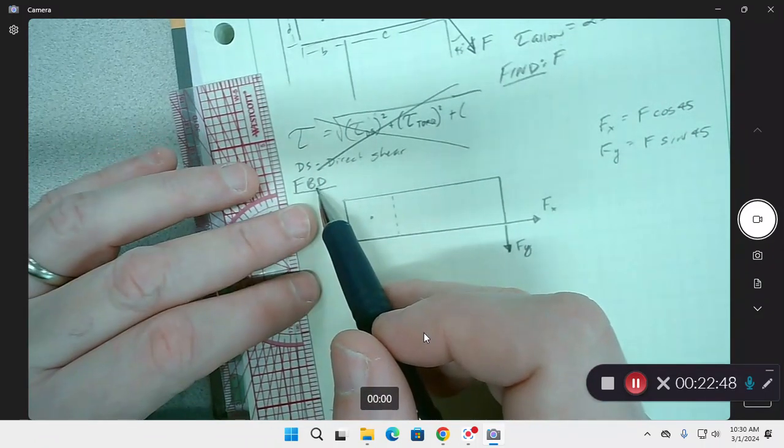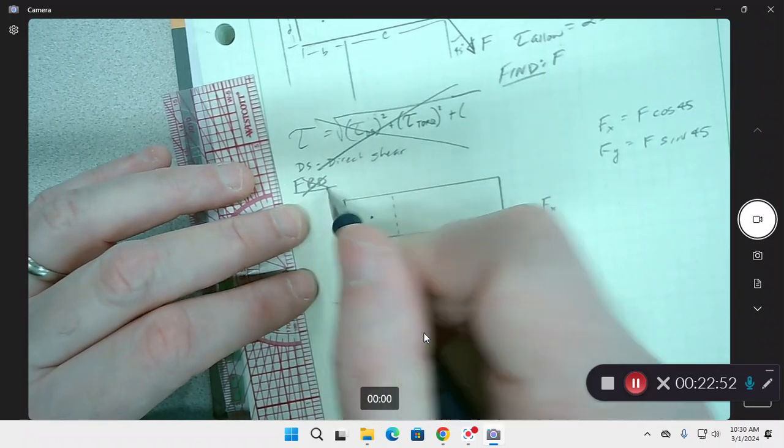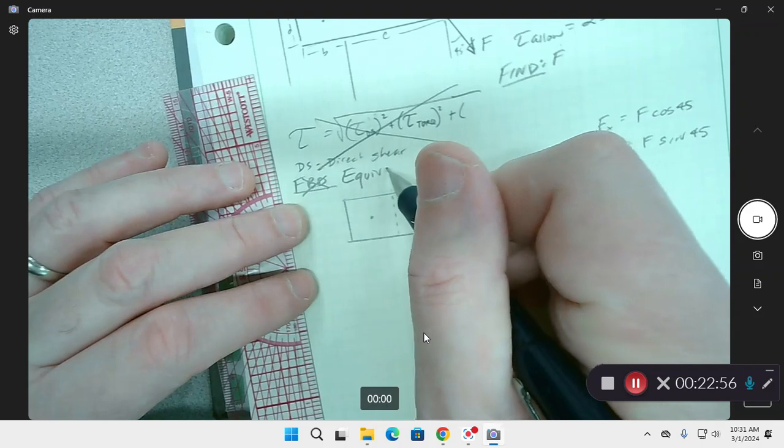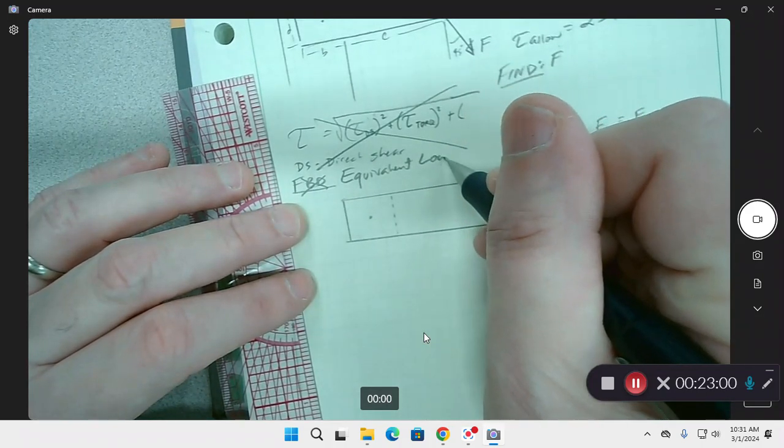I'm hedging because I'm calling it a free body diagram. Equivalent. Equivalent load diagram.